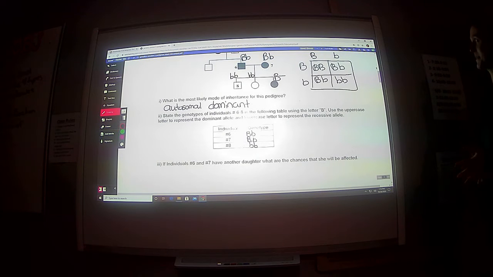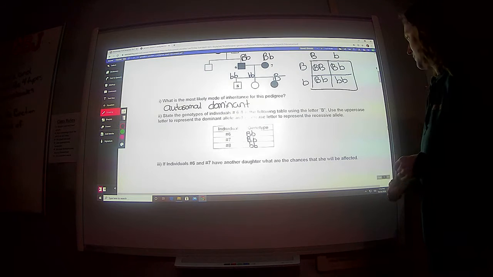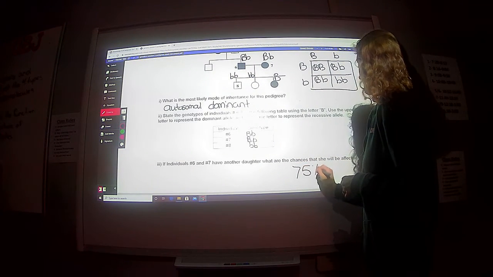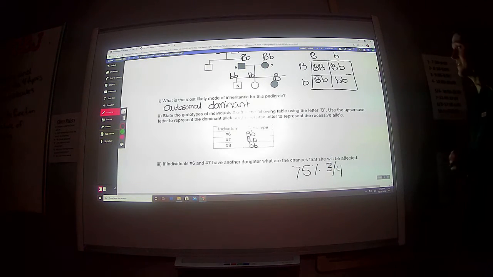Ooh, 25% chance that the daughter will not be affected, so the chance that she will be affected is 75%, or a 3 in 4 chance of being affected.